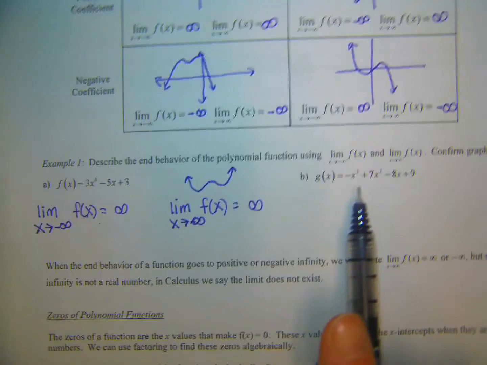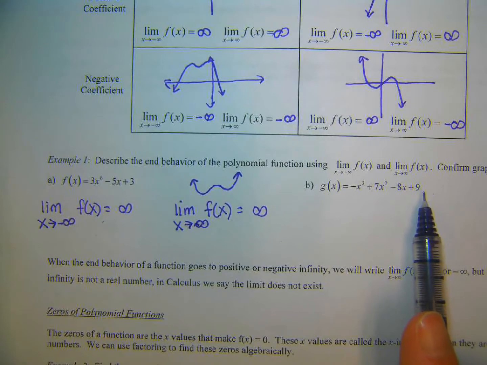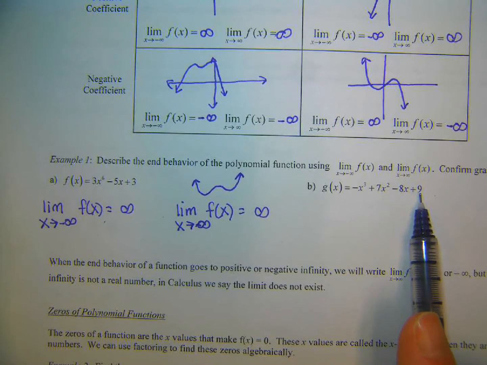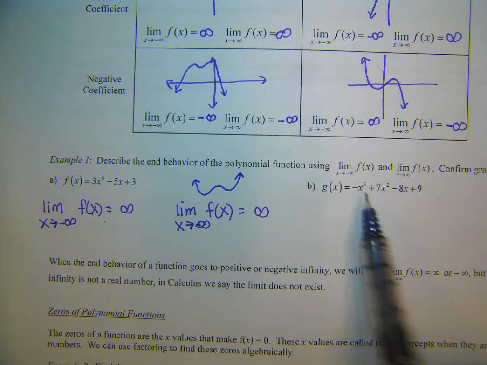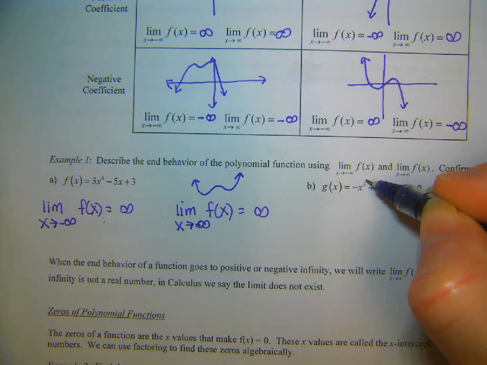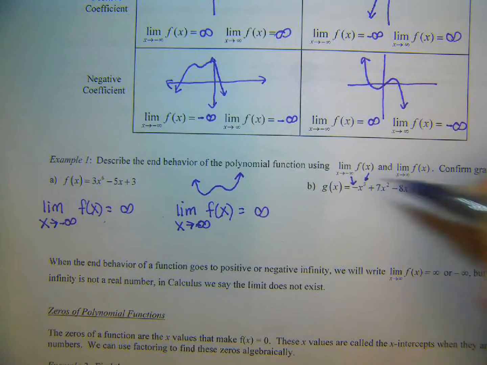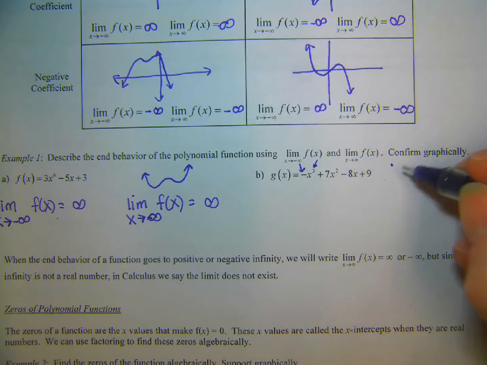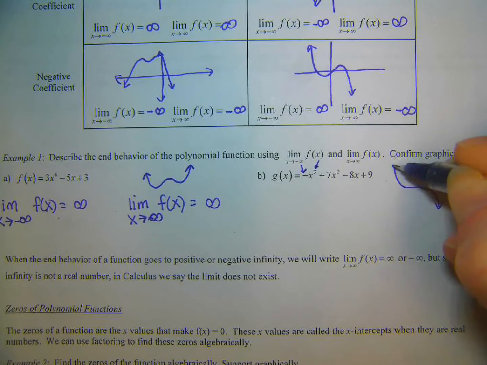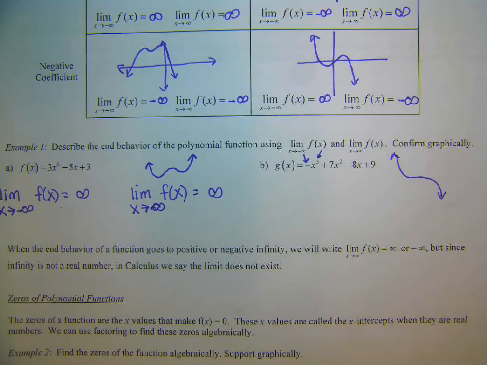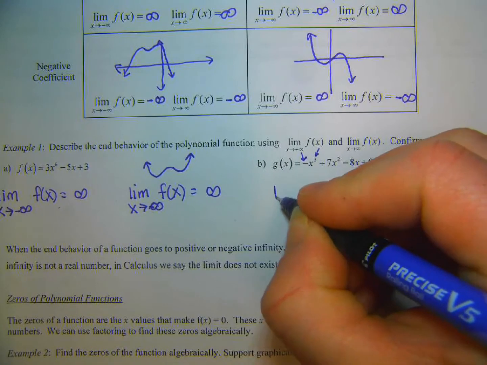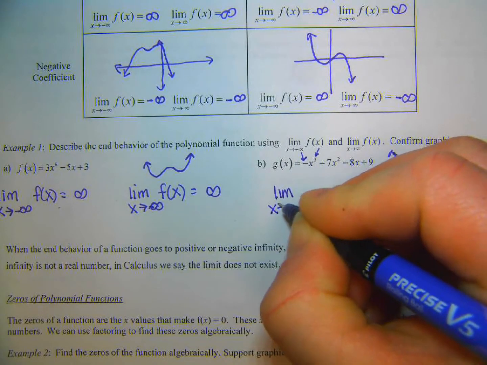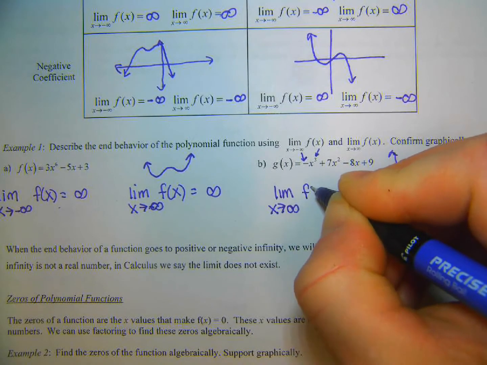So I'm just going to double check that this is in standard form. So the highest degree term is listed first. This is an odd power and a negative leading coefficient, so that tells me that's going to look like this one. And again, I don't know exactly what it looks like in the middle, but I know its ends. So we're going to write the end behavior, the limit as x goes to negative infinity of f of x.